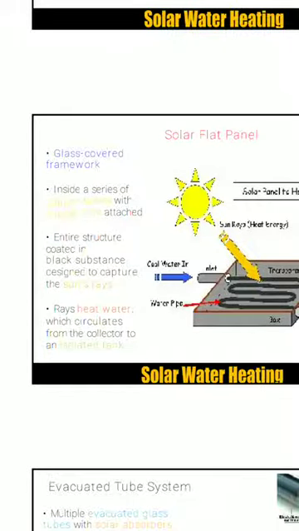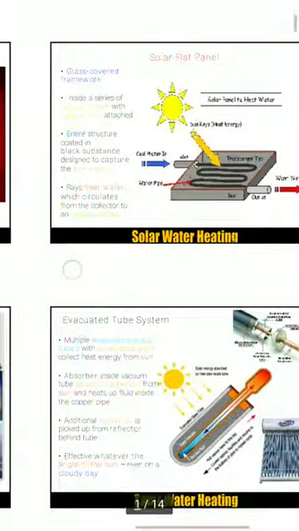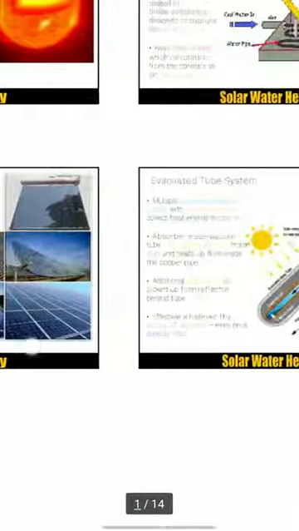The distance between the sun and earth is 1.495 × 10^11 meters, and in between there is a vacuum. We know that radiation is the only mode which can transfer through a vacuum.